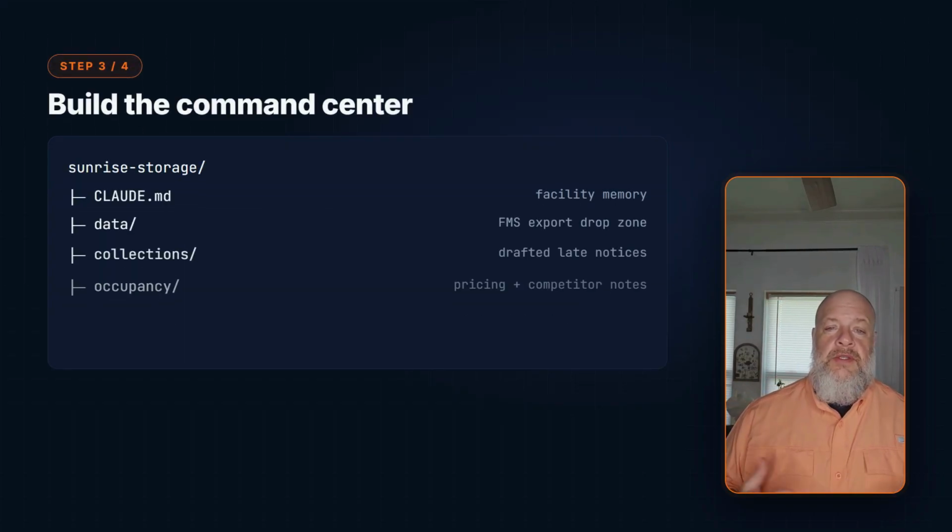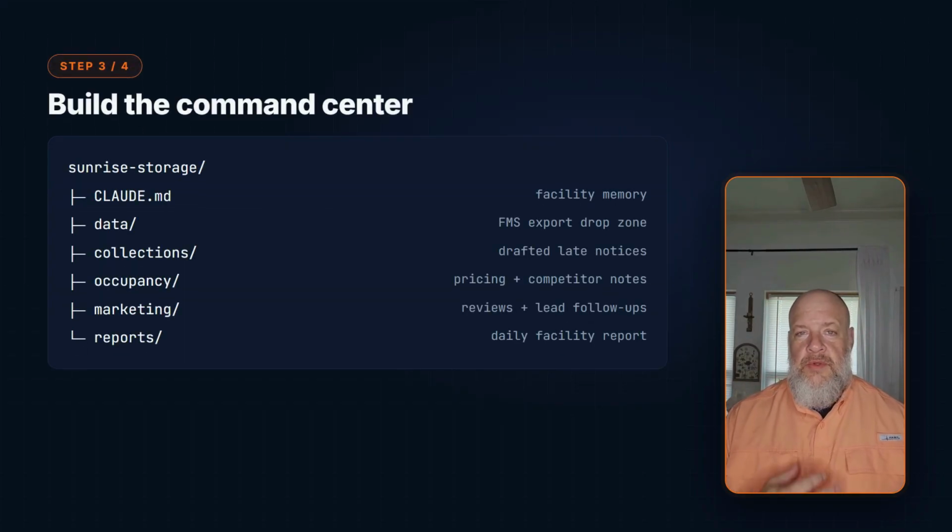Third step, and this is the secret sauce because an AI with no structure is just a chatbot again. We're going to build your facility a home. Create a new folder on your computer, name it after your facility, something like Sunrise-Storage, and open it in VS Code with File, Open Folder. Inside it, we're going to have Claude build 5 folders and 1 very important file.